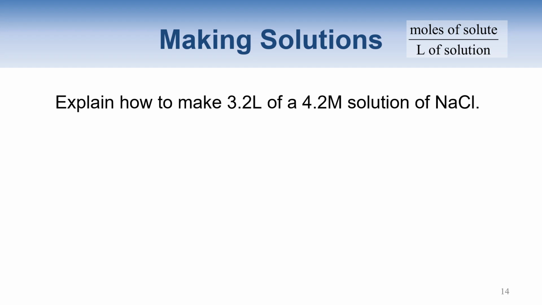So explain how to make 3.2 liters of a 4.2 molar solution of NaCl. So we're going to use the same equation, M equals moles over liters. Molarity 4.2 is equal to X over 3.2. So in order to isolate the X, we're going to multiply both sides by 3.2.